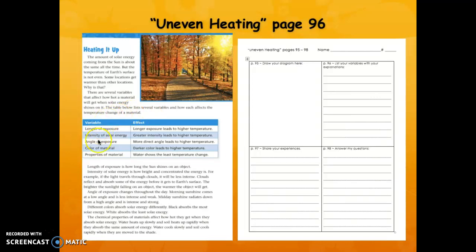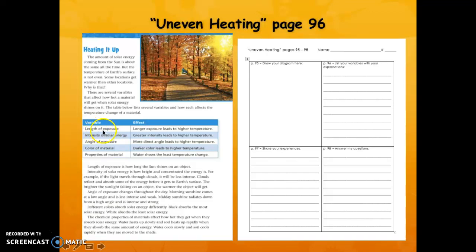All right, join me in looking at this table now. The variables that you just read about are listed here. So one of the variables that can make a difference on how a material is going to be affected by temperature is the length of exposure. So we saw that in the video yesterday.